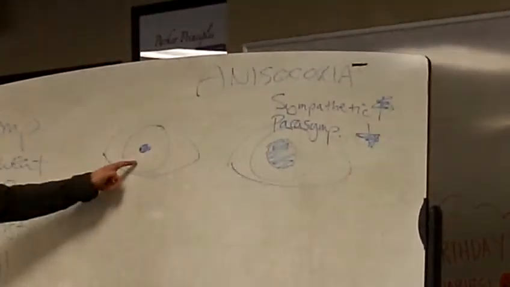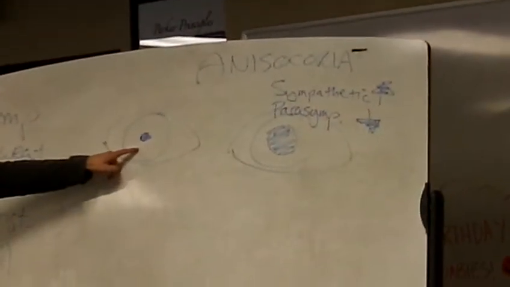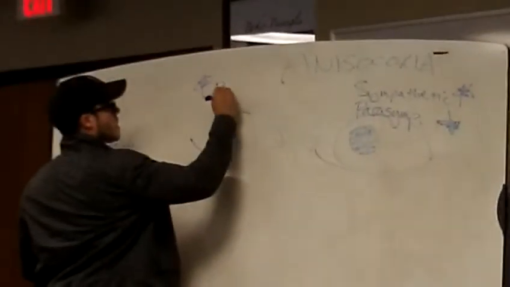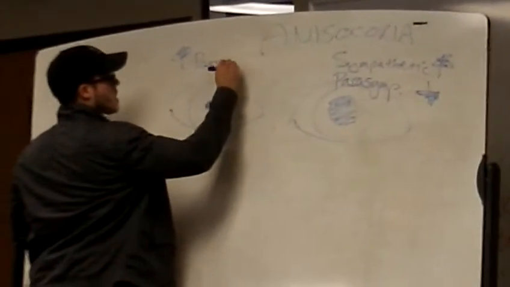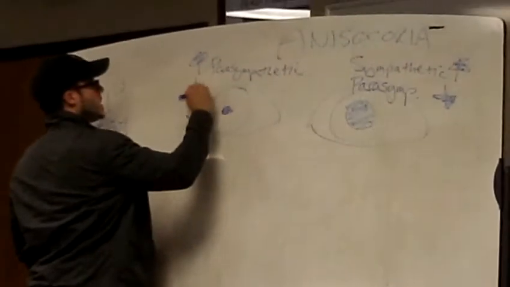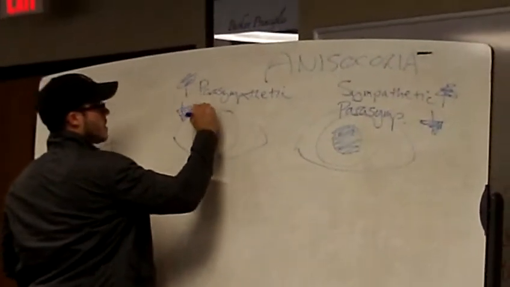And then if this one's small, you've got two options, right? So what makes it small? Increased parasympathetic, or decreased sympathetic.